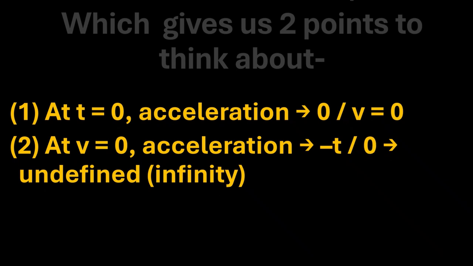I'm not trying to say here that both of them are correct or incorrect. I'm just trying to tell you that if you extract the mathematical sense of the equation, it means this: when the graph touches the x-axis, where the y-axis value is 0, which is v equal to 0, acceleration is minus t by 0, which is infinity.